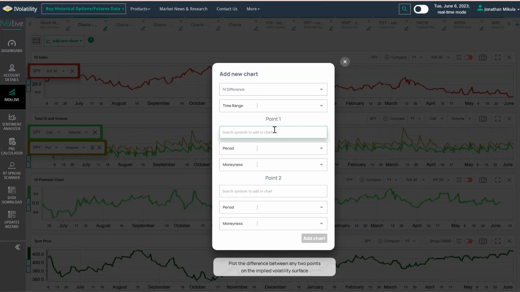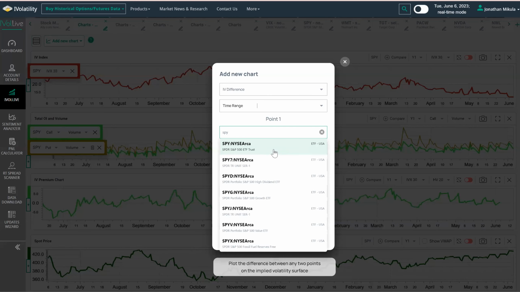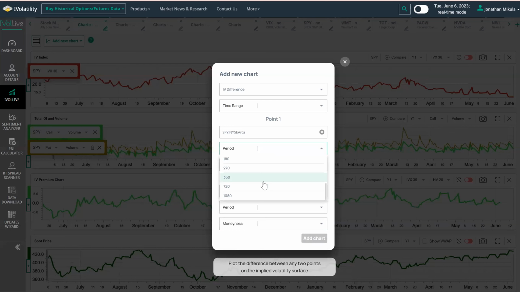Here I was looking at SPY, and we had 1 year, at the money. If you like to trade out of the money options, this is where you select that. You could be looking at options within the S&P that are 40% out of the money puts, or on the other side of the barbell, you could be analyzing out of the money calls.